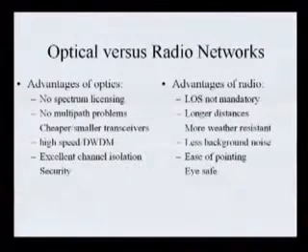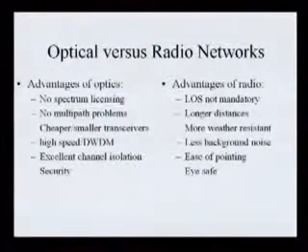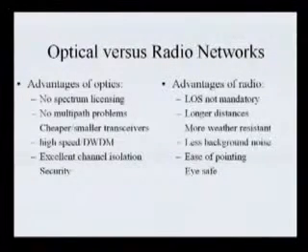That's the worst. Rain is still probably okay. But in Arizona, we don't have rain. But still you have a problem, which is atmospheric scintillation because of the hot temperature, and that can take your link out also. There's less background noise, and radio is easier to point. It's also eye safe.